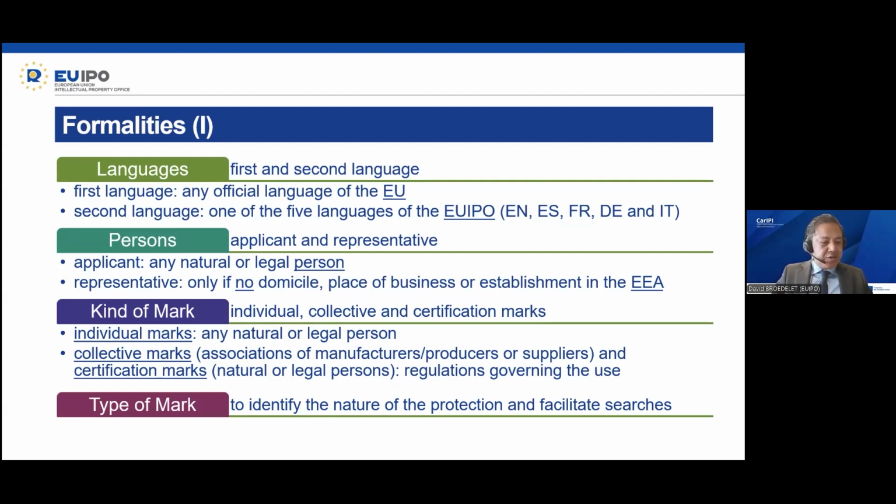EEA stands for European Economic Area. And these are the EU member states, plus Iceland, Norway, and Liechtenstein. If applicants do not come from any of these countries, they need to appoint a legal representative. So the communications will go exclusively to this legal representative.